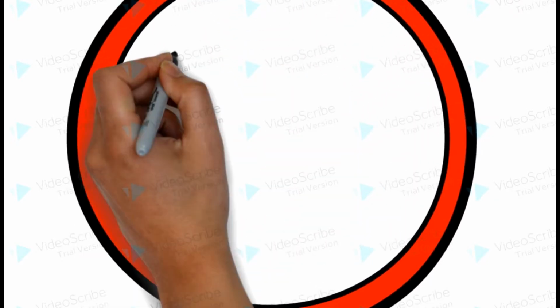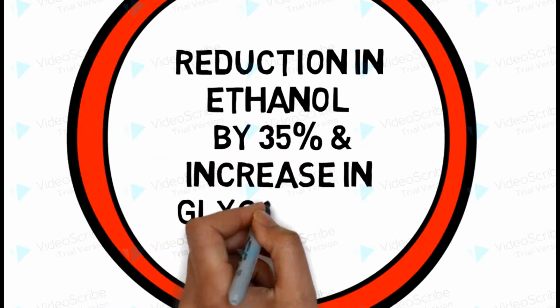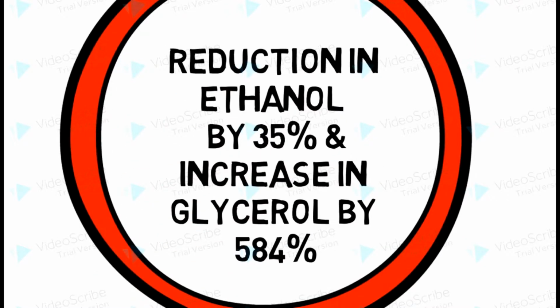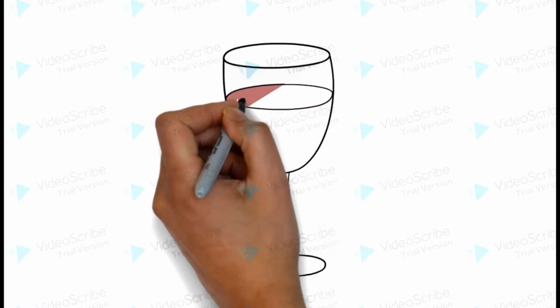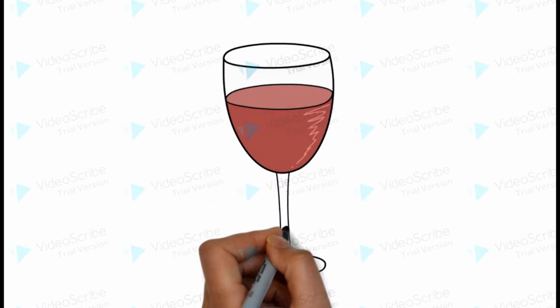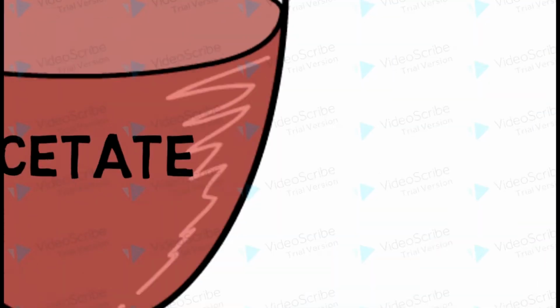Overexpression of this gene observed a decrease in ethanol production up to 35% and an increase in glycerol up to 584%. Although a reduction in ethanol is achieved, a balance of NAD+ and NADH ratio is not maintained, resulting in the production of undesirable products such as acetate to resurrect the redox balance.